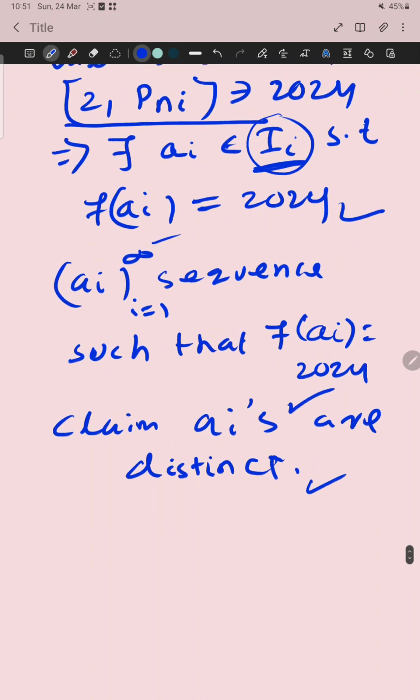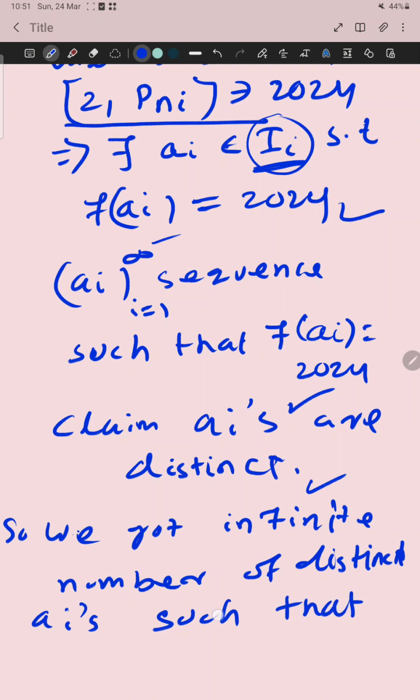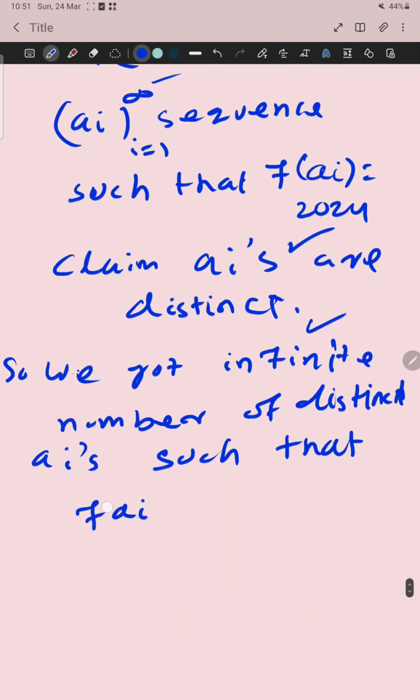So we got an infinite number of distinct ai such that f of ai equals 2024.